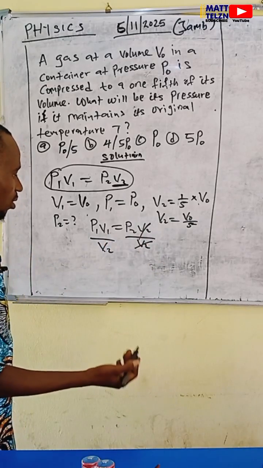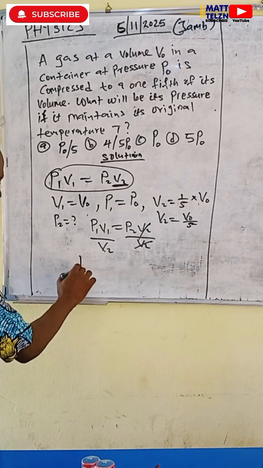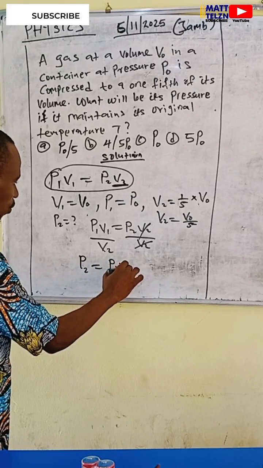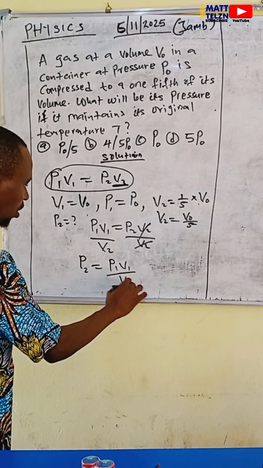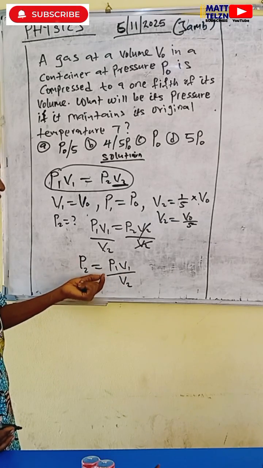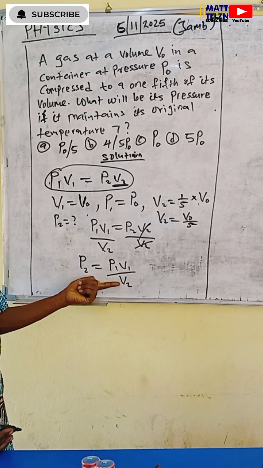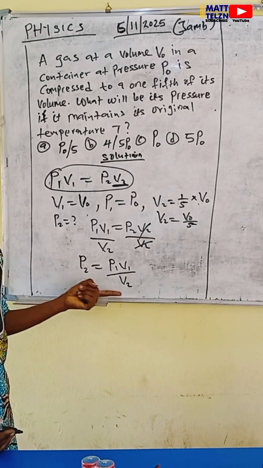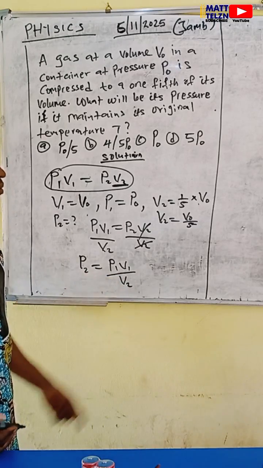This will cancel this. So my P2 is equal to P1 V1 over V2. Good. So let's substitute the values of our P1, V1, and V2 into this equation.